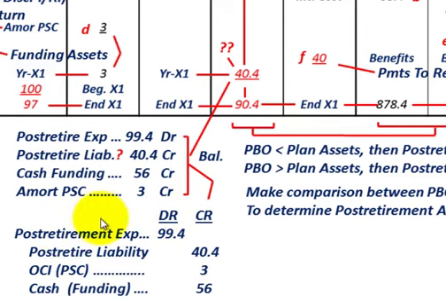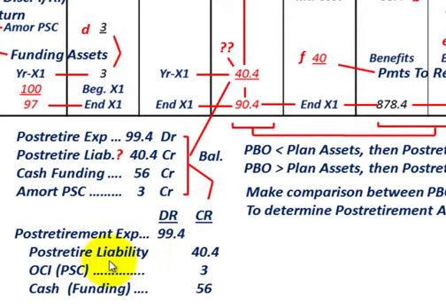Now, what you're going to note is the post-retirement benefit obligation account and our plan assets aren't showing in our debits and credits here. Those are separate, just maintaining our balances for our liability and our asset on this post-retirement accounting. So we would debit our post-retirement expense for $99,400, and then we would credit our post-retirement asset or liability account. In this case, it's a liability, and we credit it for the $40,400.